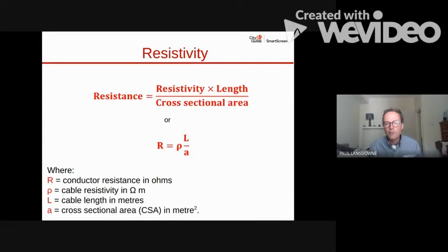Then we have the length, which will depend on what length of cable we're using. And we have A, which is the cross-sectional area of the cable. So it's quite a simple formula. It looks quite daunting, but all we're doing is putting some figures into that equation.